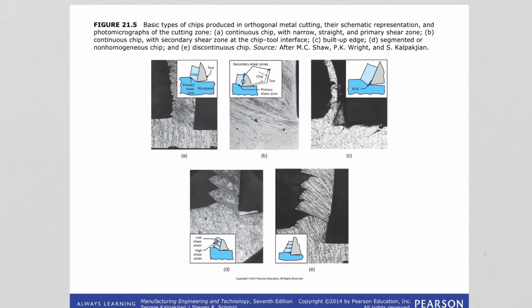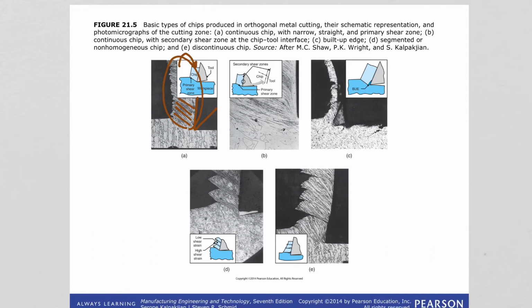in image A, we are seeing a continuous chip, narrow and straight, with the primary shear zone here. So this part is the chip, and it is also shown here. Your tool comes here like that, trying to remove material from the workpiece.